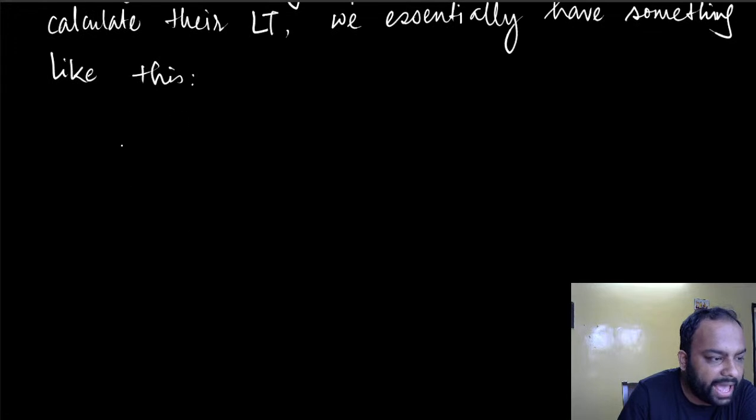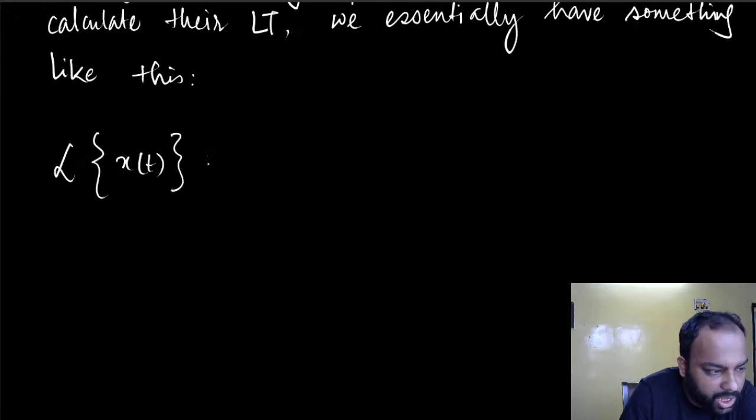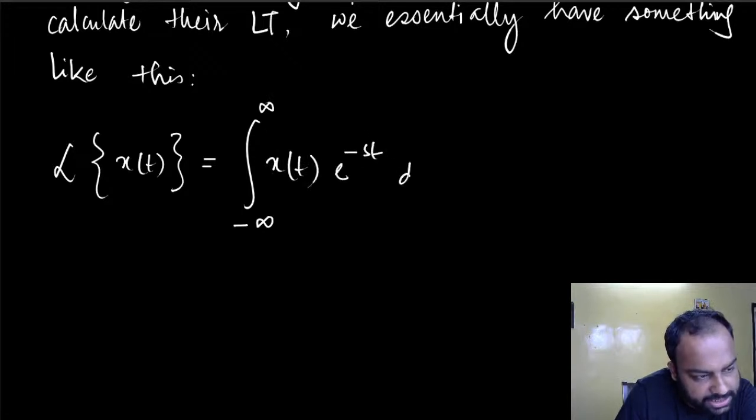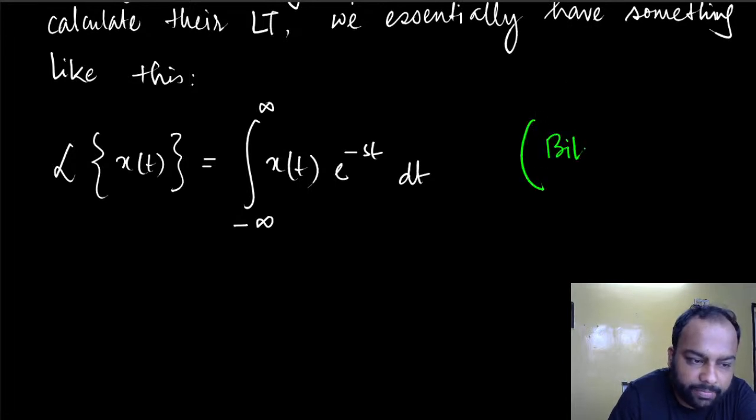We have the Laplace transform of, say, x(t). By the definition, it's going to be the integral from minus infinity to infinity of x(t) e to the power minus st dt. That's again defined as the bilateral Laplace transform.